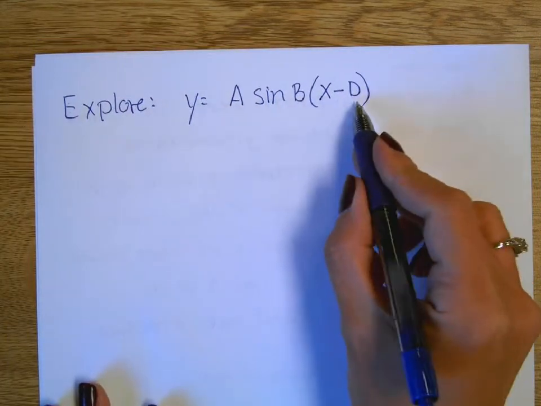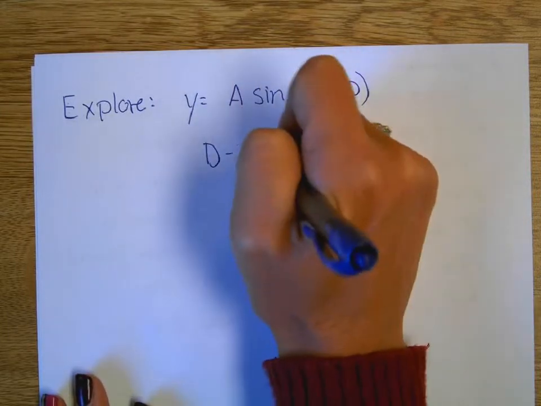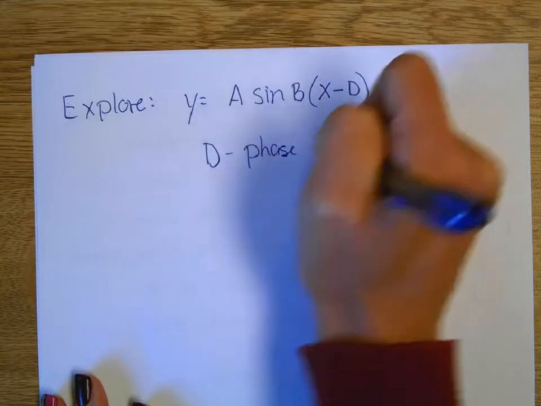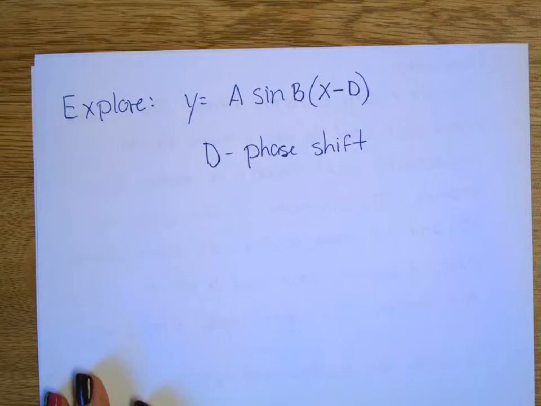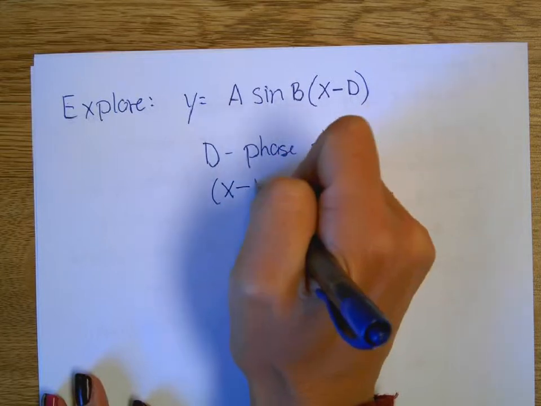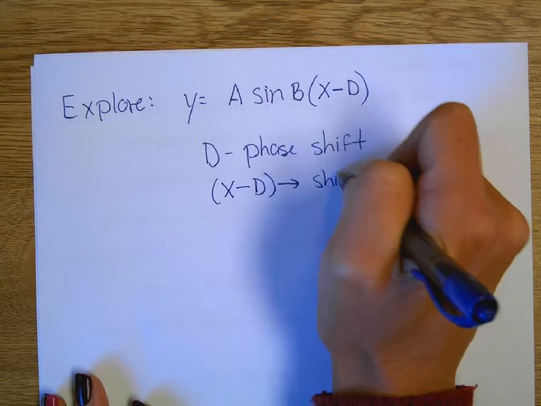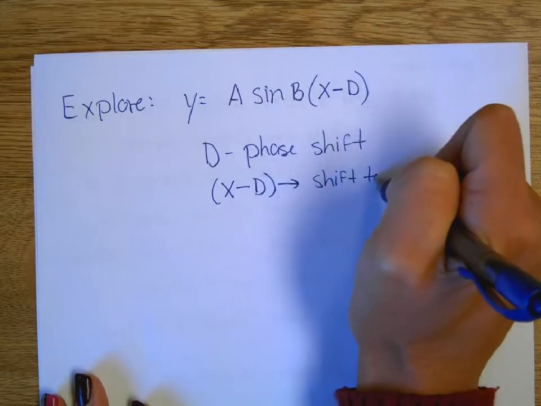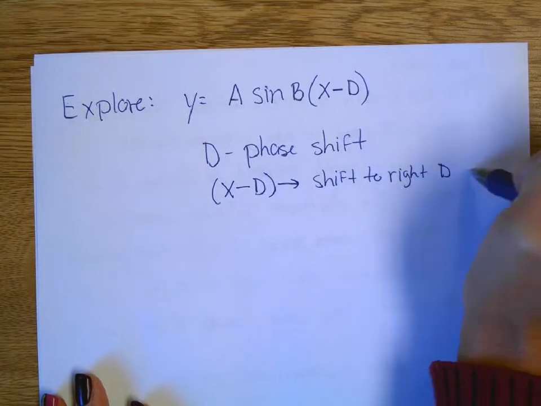So just know that this D is called phase shift. And it shifts to the left and to the right. If I have an x minus d, that will shift to the right d units.